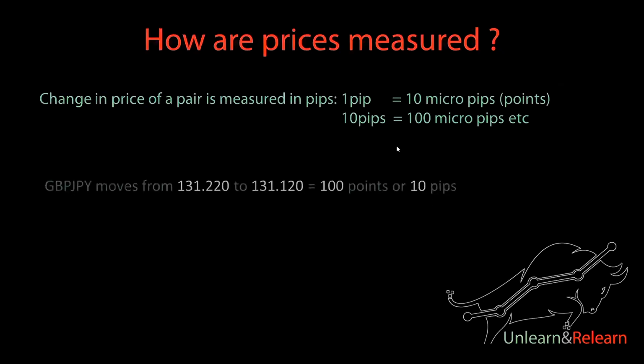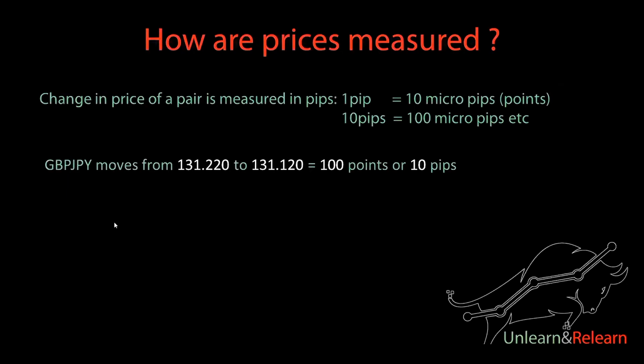Let's say we're talking about GBP/JPY, and it moves from 131.220 to 131.120. That's a difference of 100 points, which also means a difference of 10 pips. If you had a buy order at 131.220 and price moved 10 pips below, you'd be in negative 10 pips.